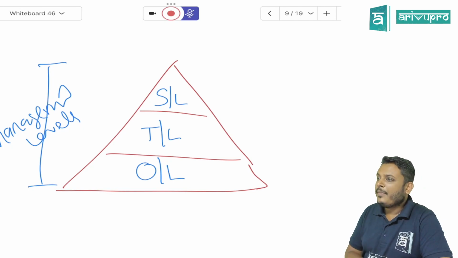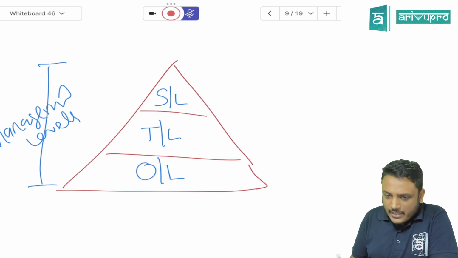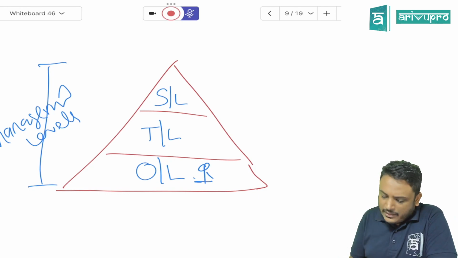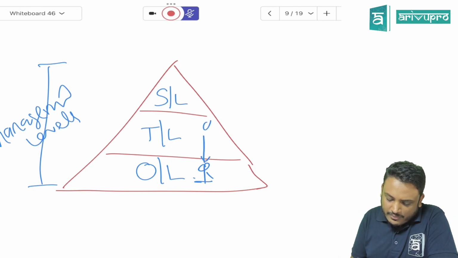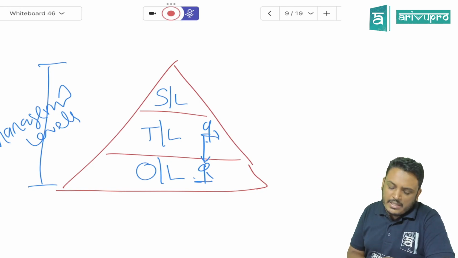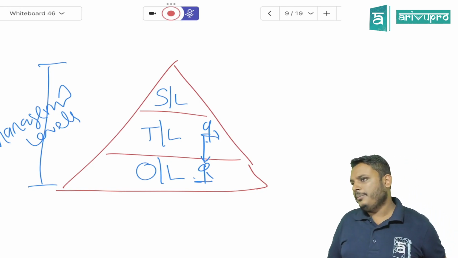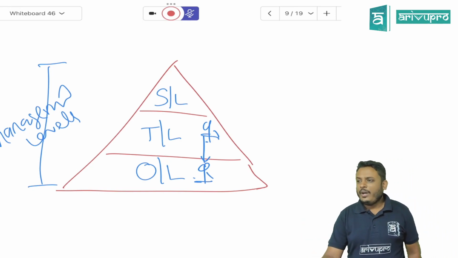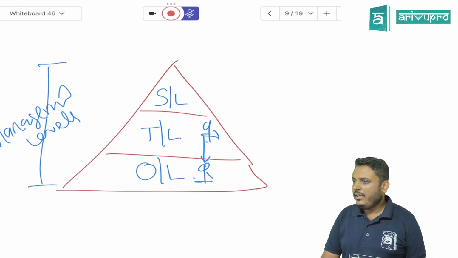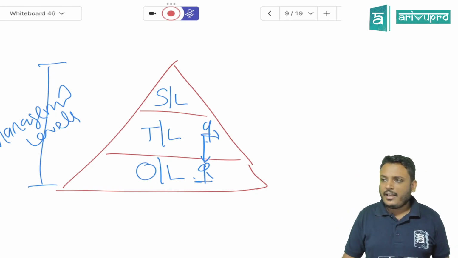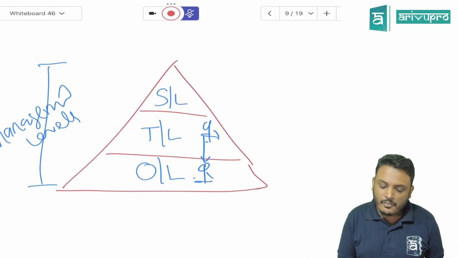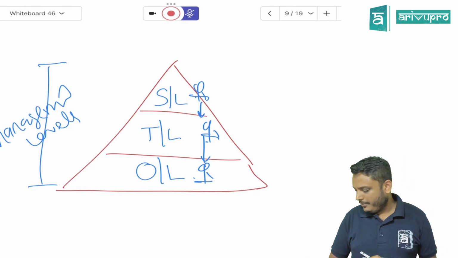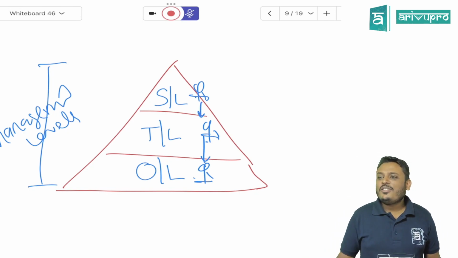A person who works at operational level is directed and controlled by tactical level staff. A person who works at tactical level is directed and controlled by strategic level people. Who directs and controls strategic level people?